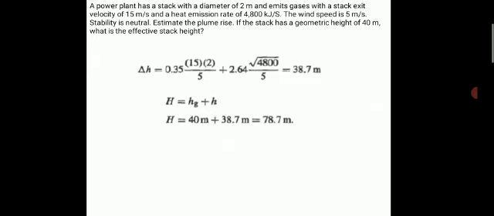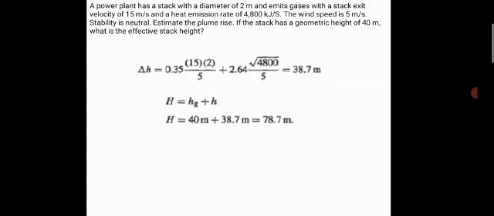The stability condition is neutral here. We need to estimate the plume rise, and they also ask for the effective stack height. They give the geometric height of the stack as 40 meters.